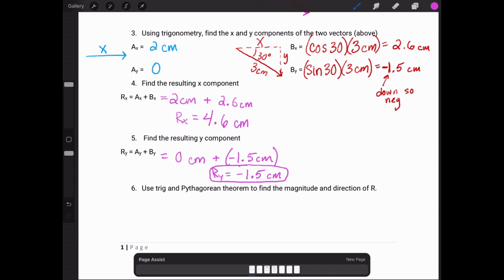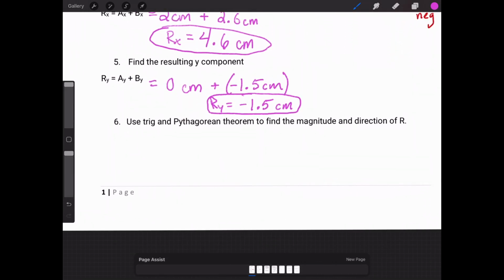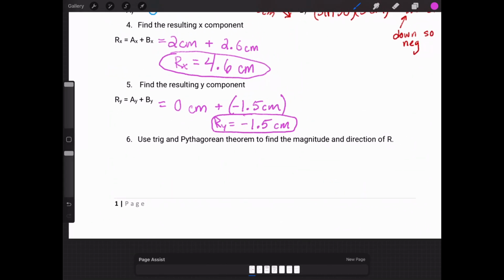We need to move on to drawing the triangle for our R and x. So x being positive 4.6, we're going to start by drawing our Rx to the right 4.6 centimeters. Then negative 1.5 means downward 1.5 centimeters. And that results in an arrow down and to the right, just like we saw up above.